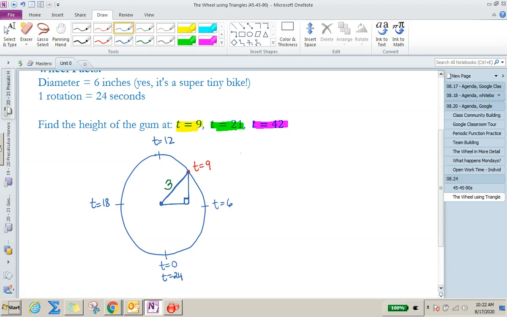All right, so what kind of triangle is this? Because t equals 9 is exactly halfway between 12 and 6, let me draw another circle here. Here's 12 and here's 6. And if we were to draw this angle, that's a 90-degree angle because it's a quarter turn.